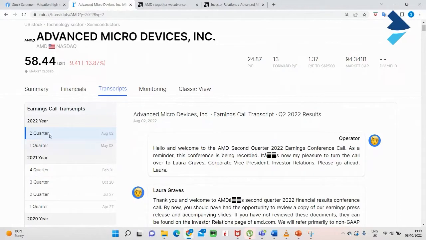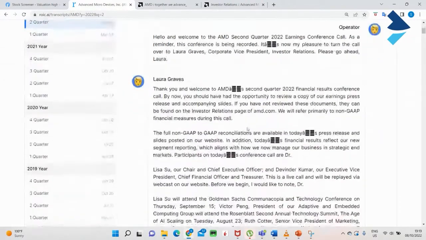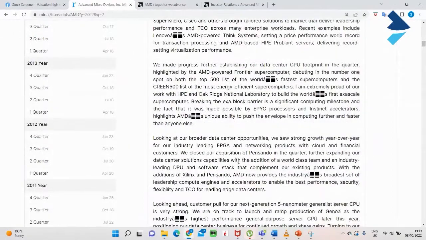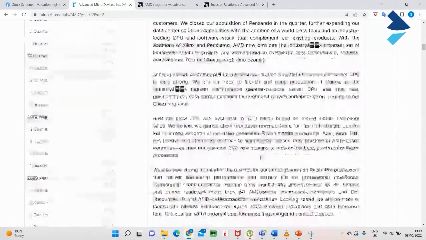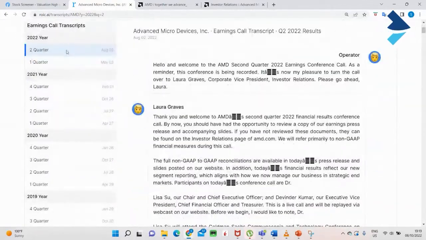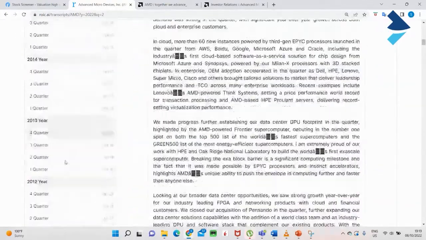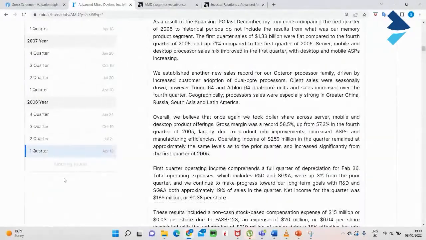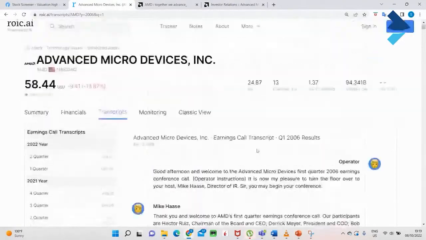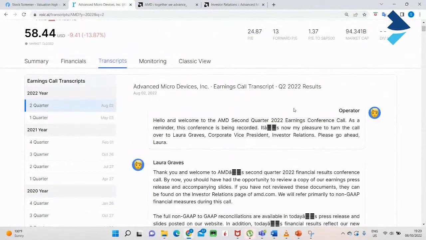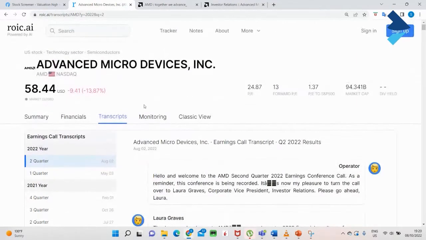You can actually look at the latest transcript for the second quarter and get a sense कि कंपनी की मैनेजमेंट अपनी कंपनी को किस तरह देखती है, in the future क्या होल्ड करती है कंपनी, right. And आप ये देखें, the beauty is you can go all the way down to 2009, 2006 तक भी आप जा सकते हैं and आप खोल कर देख सकते हैं कि भाई 2006 में कंपनी क्या कहती थी अपने विजन के बारे में, and over the period of time अब ये क्या कह रही है अपने विजन के बारे में. That gives you a lot of flavor about the company to understand the company better.